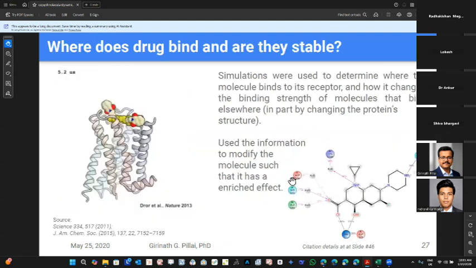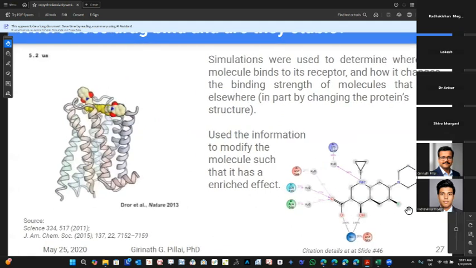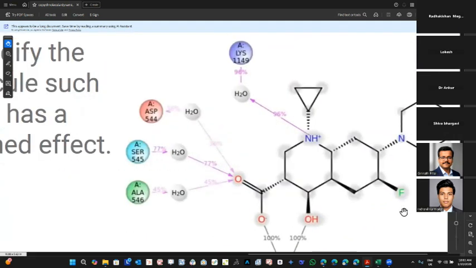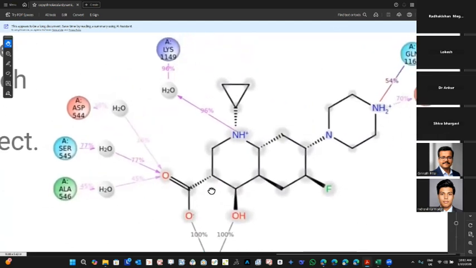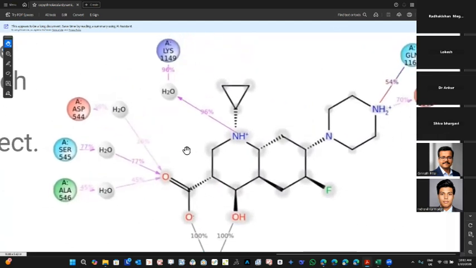Now, this is what I was trying to tell you earlier, right? Let me see if I can zoom in. Yeah. This I've taken from a paper. I have not prepared this. What it is trying to tell you is the bond between this oxygen of the water and these particular amino acids, for example serine, aspartic acid, alanine, and so on.